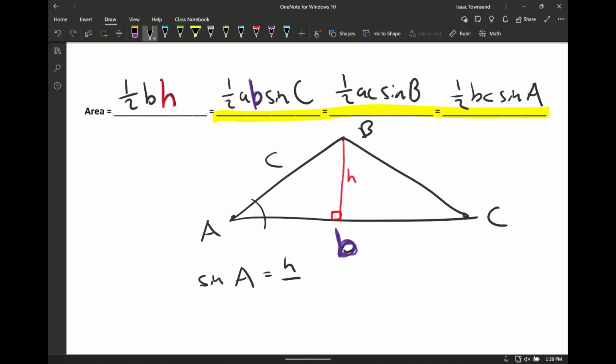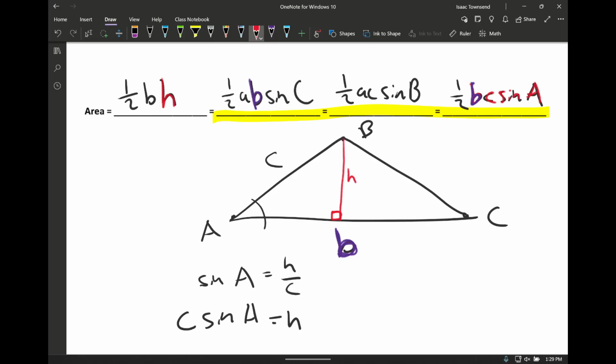And this side would be C because it's opposite angle C. So if the triangle is oriented this way, then the height is C times the sine of A. So when B is the base, the height ends up being C times the sine of A.